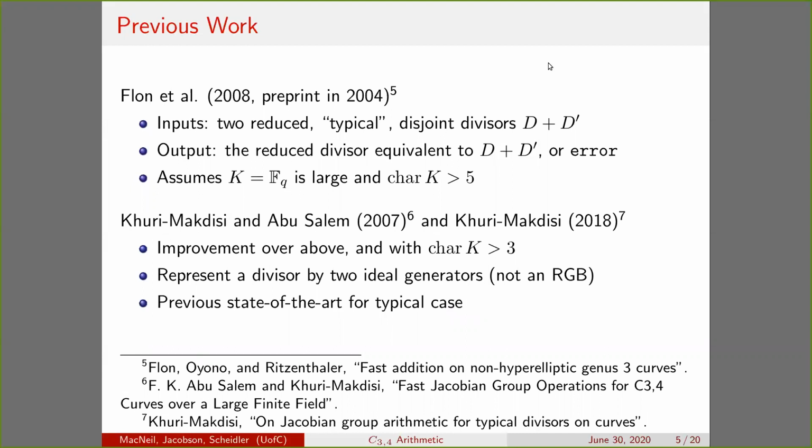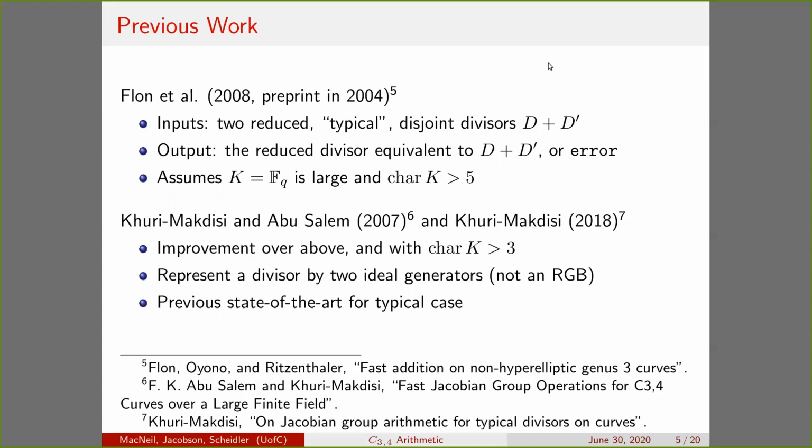Flom et al. developed a series of formulas that were specialized to the typical case, outputting the reduced divisor equivalent to the divisor sum, or an error value if the sum wasn't typical. Now, over very small base fields, that error value is going to show up very frequently, but Flom et al. were interested in cryptographic applications where the base field was very large, and so that worked just fine for them.